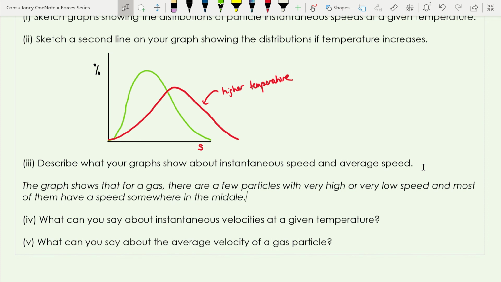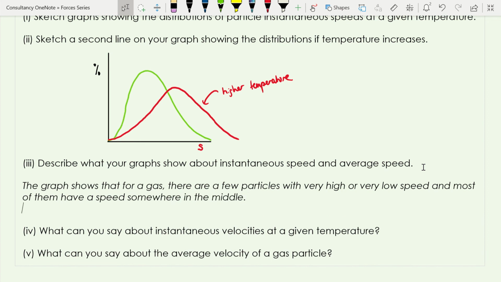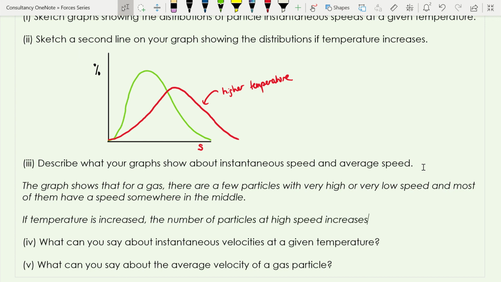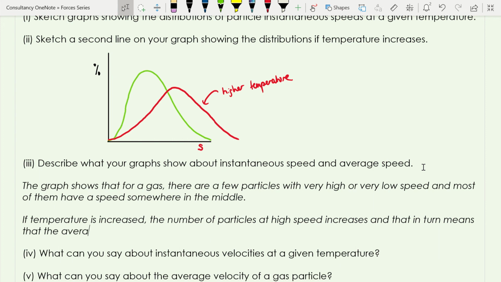So that's what it shows us about instantaneous speed. And if temperature is increased, the number of particles at high speed increases, and that in turn means that the average speed increases.